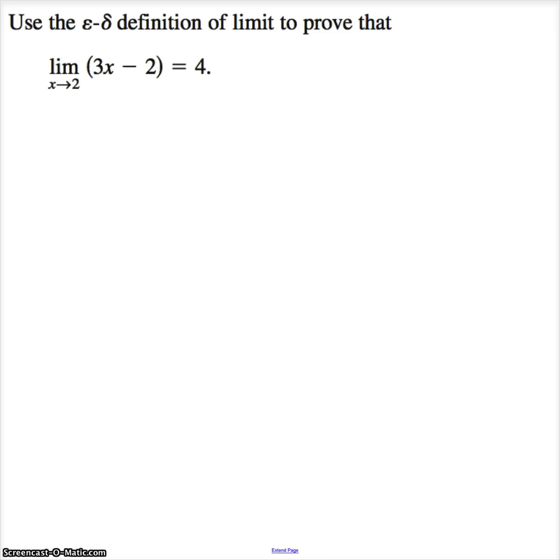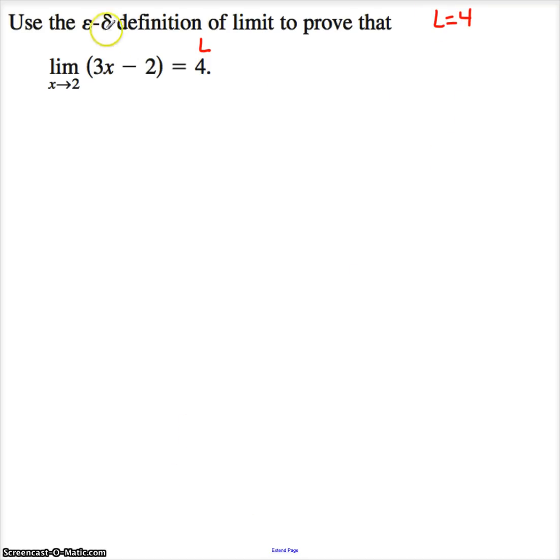Let's try one. Use the epsilon delta definition of a limit to prove that the limit as x approaches 2 of 3x minus 2 is equal to 4. Well, the first thing we have to do is identify what some of this stuff is. This is L, so over here I'm going to put L is 4.